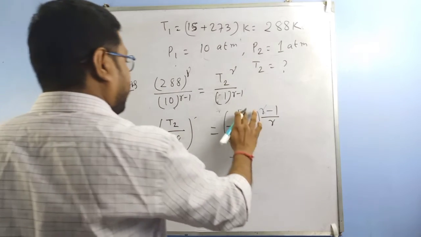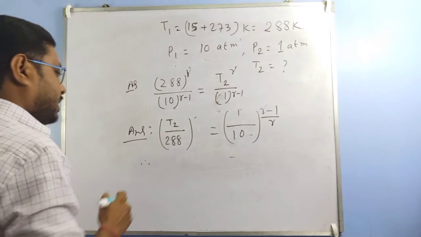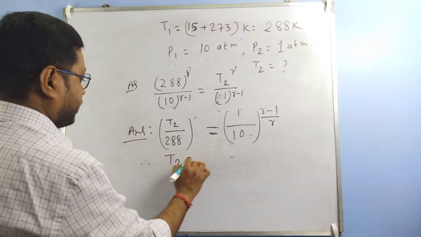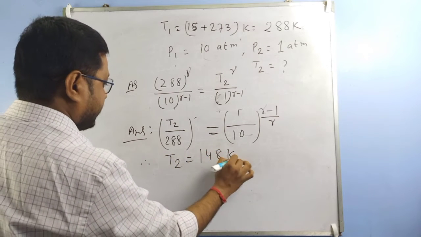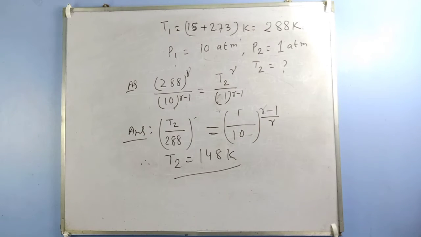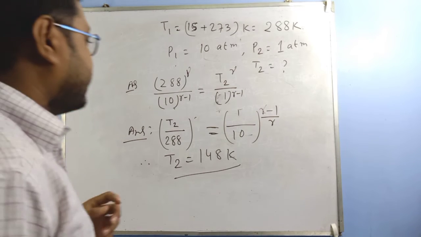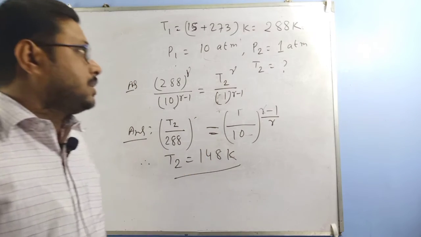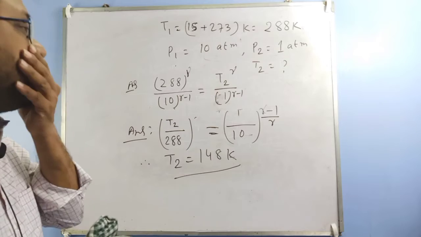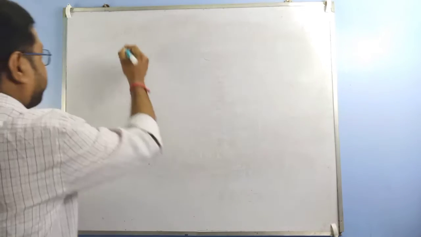If we put the value of gamma equal to 1.4 and find out the value of T2 with the help of calculator, we can get T2 equal to 148 Kelvin. In this way, we can find out the value of pressure and temperature if the three terms are given.